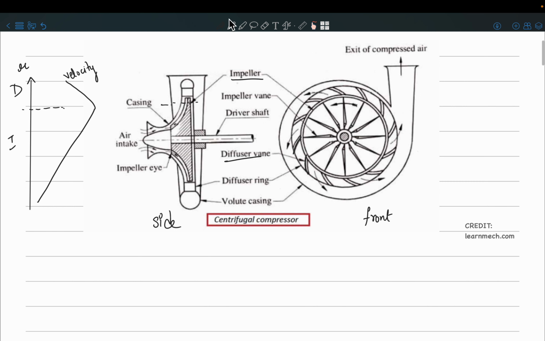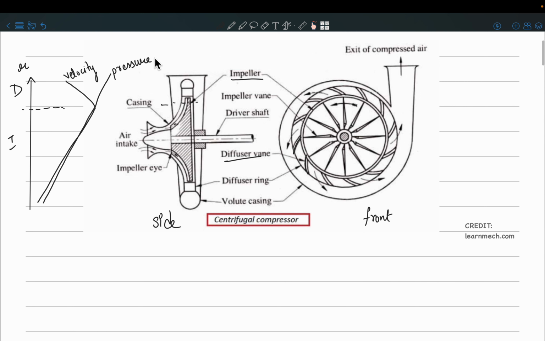So what is going to happen in the impeller? Yes, pressure will also increase, but now I think you are confused, because the kinetic energy is also increasing and pressure energy is also increasing, right? So how is this possible?